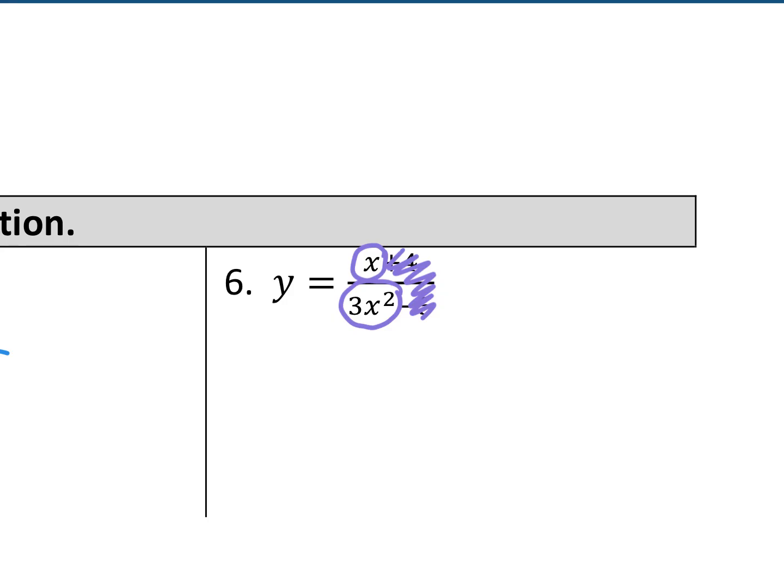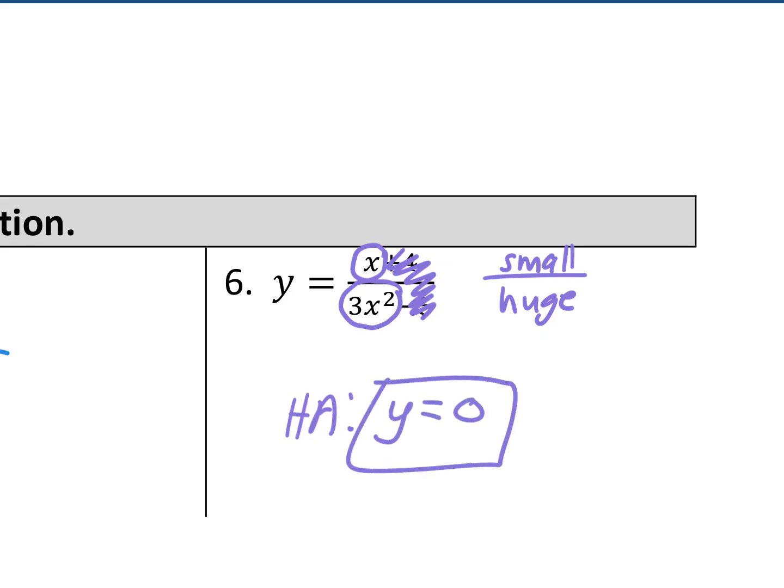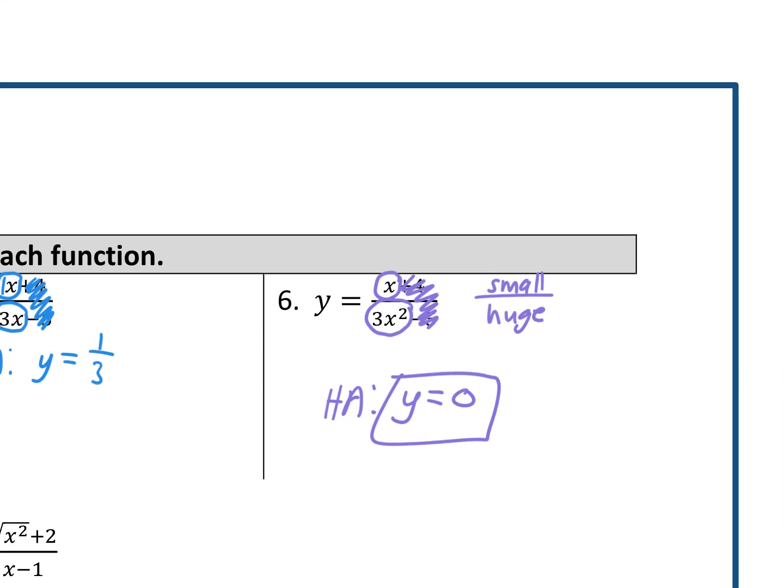So you're going to have something small over something that grows super huge. If you take a small number and divide it by a really, really big number, what number does it get really close to? 0. So that means your horizontal asymptote here is at y equals 0. Are you okay with that?